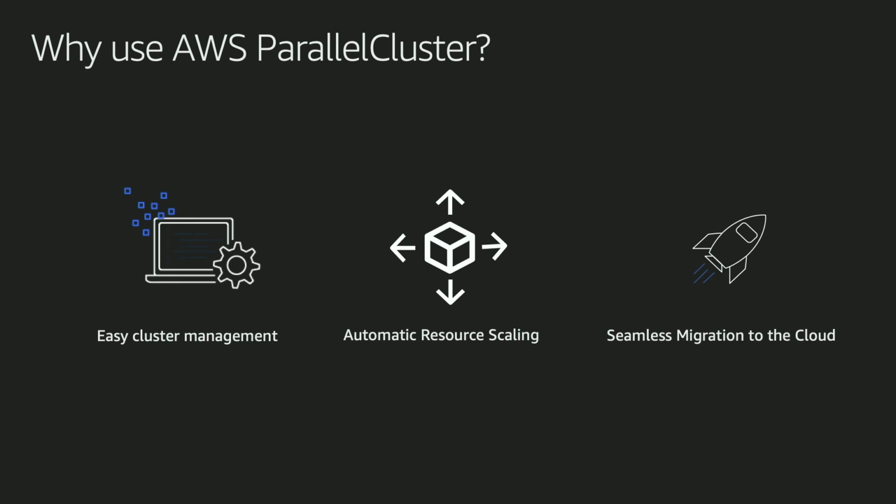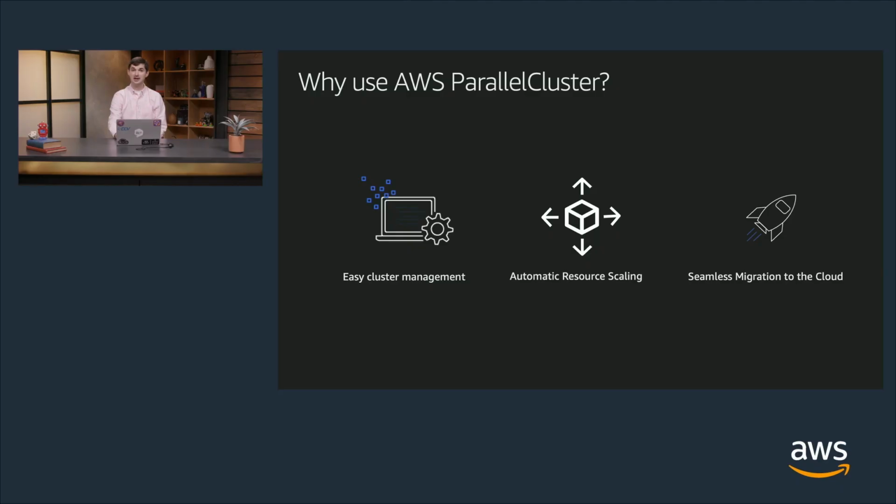Three of the key benefits we've seen for customers using ParallelCluster are that it makes cluster management easy, it includes automatic resource scaling, and that it facilitates a seamless customer experience in migrating HPC workloads from on-premise environments to the cloud. This makes it a great choice for all kinds of cloud HPC, from spinning up a quick test cluster to fully migrating all of your HPC workloads to the cloud.